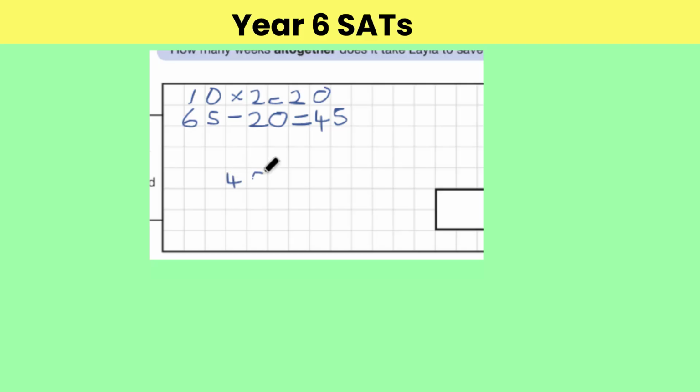So 45, you might do it mentally, or you might do it in a bus stop. 3 into 4 goes once, a remainder of 1, and 3 into 15 goes 5. So it takes her another 15 weeks. Don't forget to take account of how many weeks altogether. So there was 10 weeks of £2, and then 15 weeks of £3.